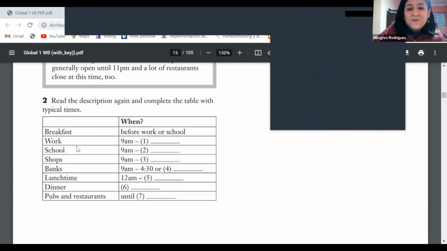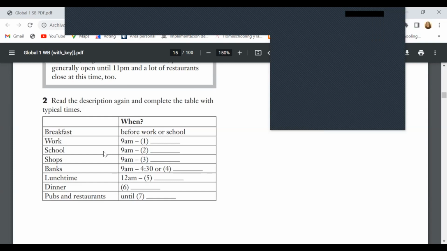What about the schools? The schools in the UK are open from 9 until? Maybe 4. 4, yes, 4. But yes, there are schools in Peru that are open until 4, 4:30, but they are open from an earlier hour, right? Not from 9.